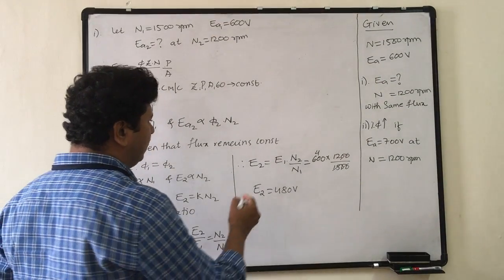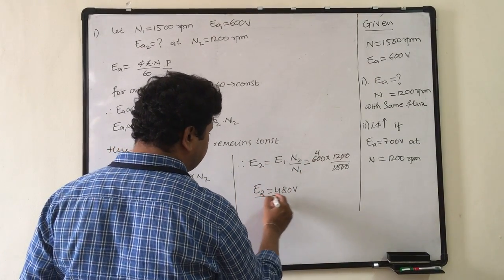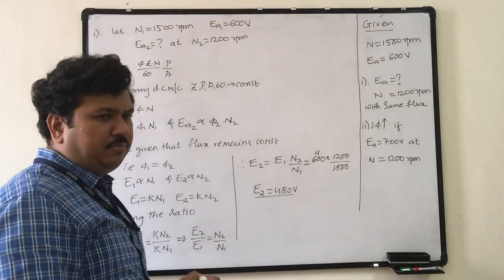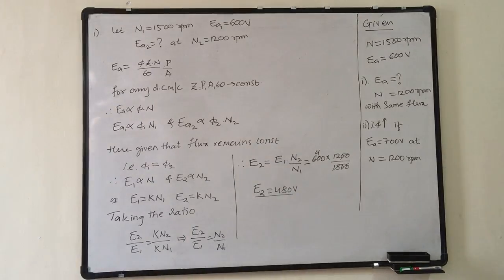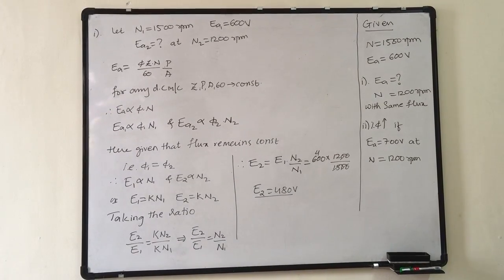So E1 is 600, E2 is 480. Because I am keeping the flux the same but reducing the speed, my induced EMF will decrease.